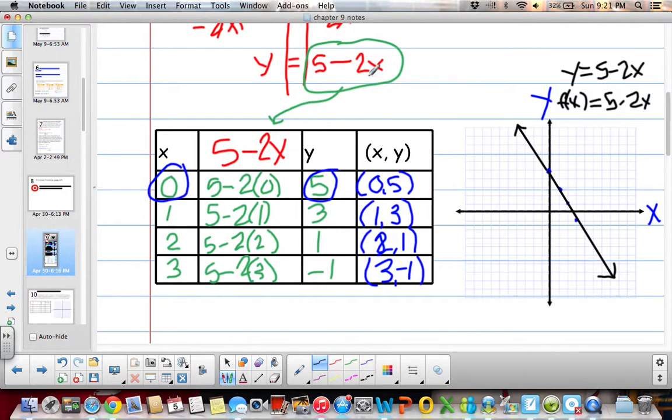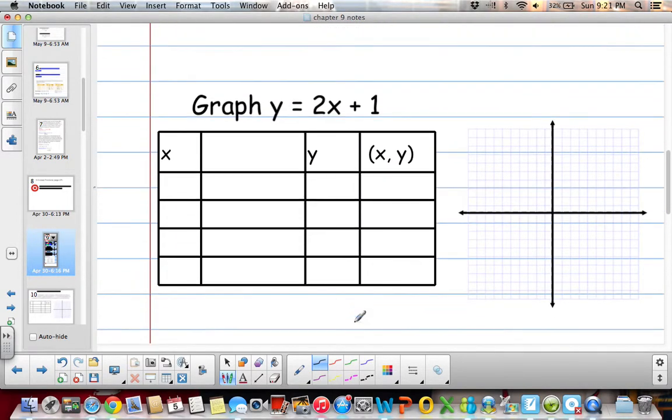Okay, so you have your equation, and then you make your table, you figure out the coordinate points, and you put it into the graph. So there's several different ways to represent a function: an equation, a function table, coordinate points, and a graph.